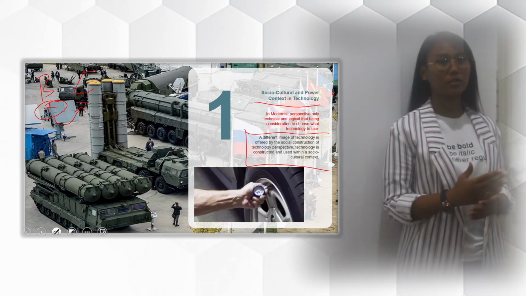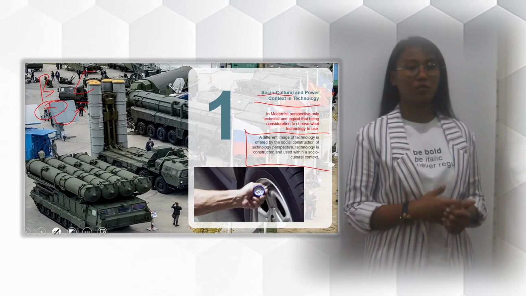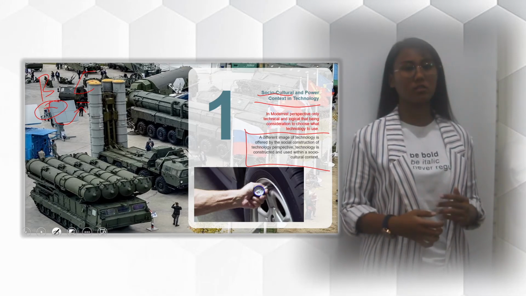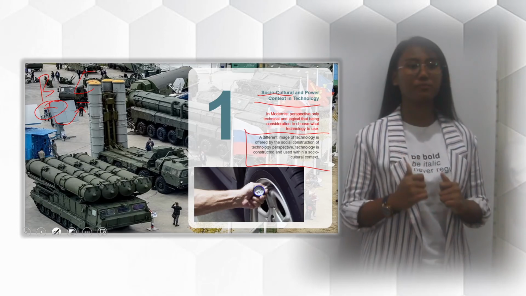And the second example is from the socio-cultural context. So the first one is power, the second is socio-cultural context. Like the tire in the picture that you can see.